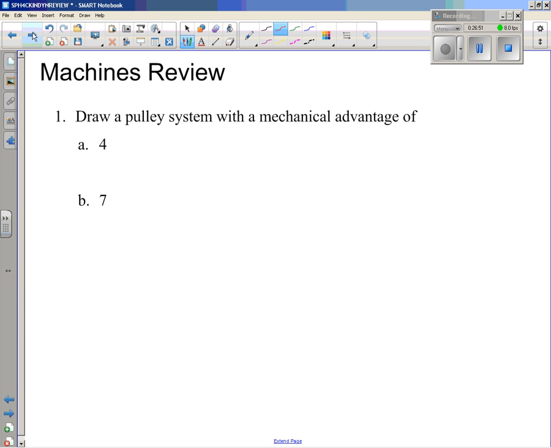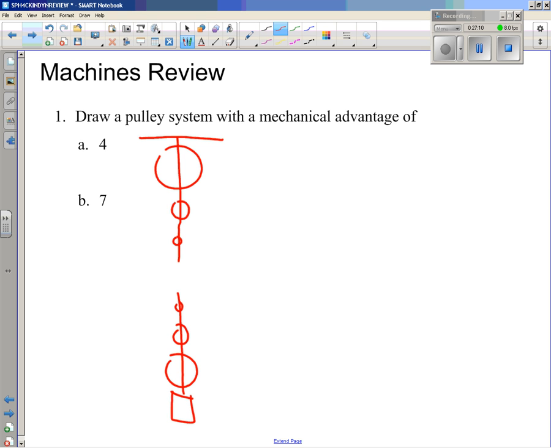It says draw a pulley system with a mechanical advantage of 4. So if you remember how we do these, I make a line. I make a big wheel, a medium wheel, and a little wheel. And I make another line here with some mass on it. Big wheel, medium wheel, little wheel. If I want a mechanical advantage of 4, I probably don't need to use all these, but I know that for an even number, I've got to start at the top.